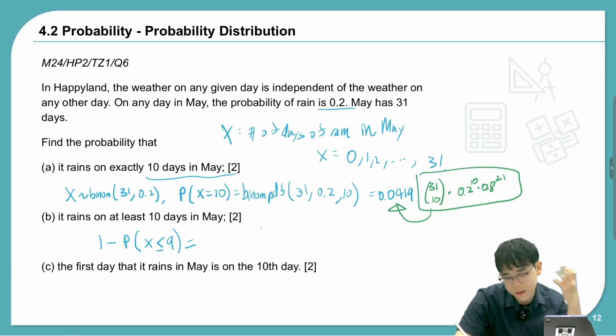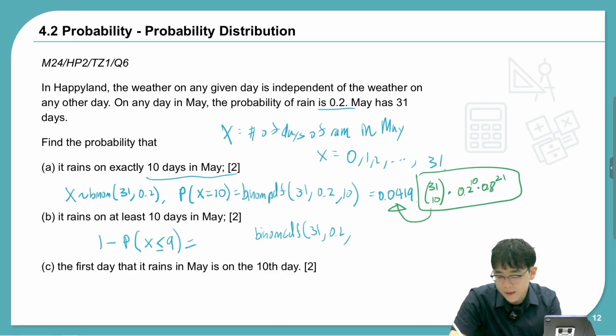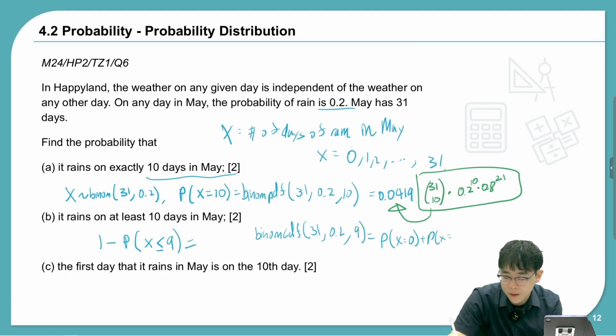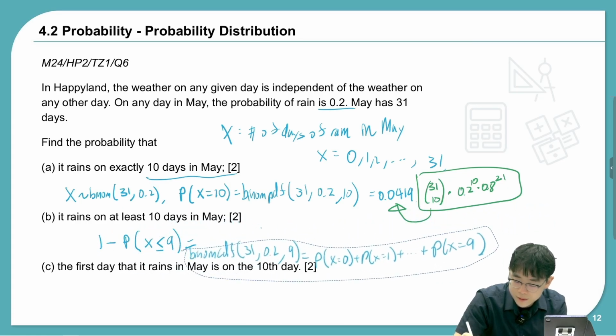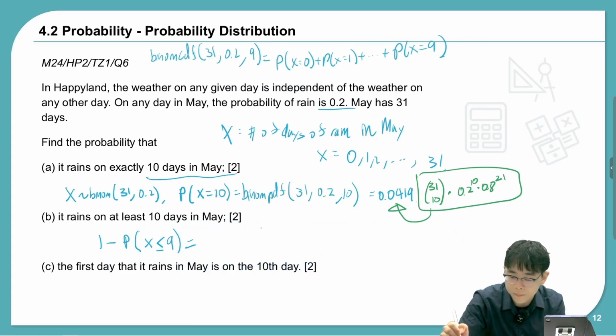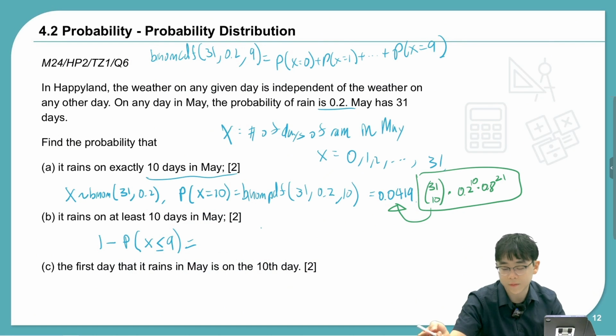The binom CDF button on our calculator allows us to find, let's say we have 31, 0.2, and let's say our number is 9. Then this would add up all the probabilities where X is 0, where X is 1, all the way until where X is 9. Okay, so this is the cumulative distribution that allows us to find the probability that our variable is from 0 to this value.